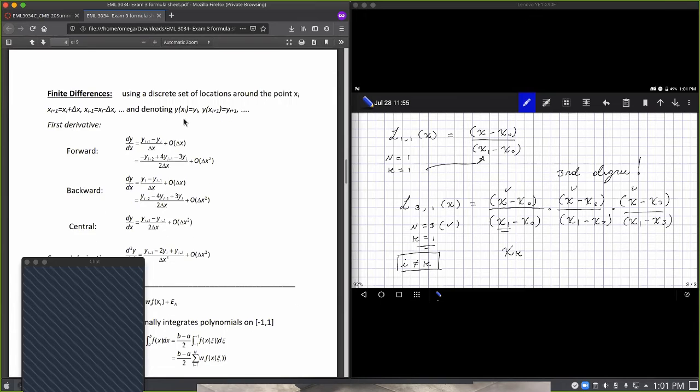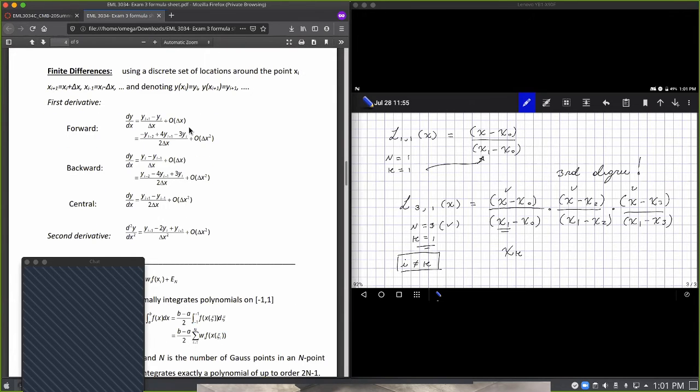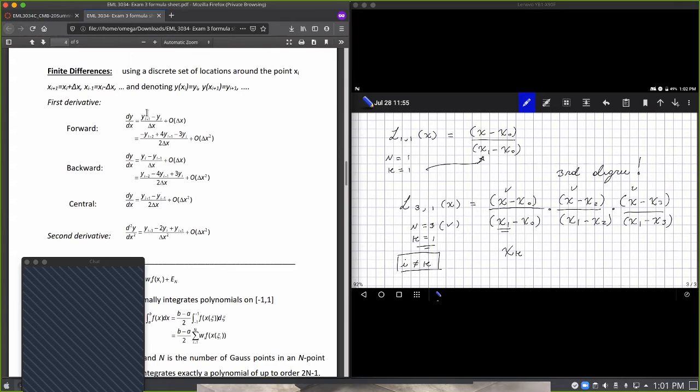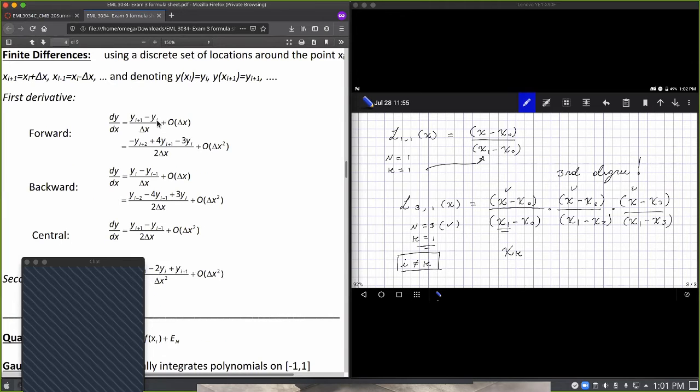And finite difference. So here's the forward finite difference, and I guess they look slightly different than on the first formula sheet, but it's the same thing. y is the evaluation. So yi plus 1 is just the evaluation at the next point, minus yi, the current point.